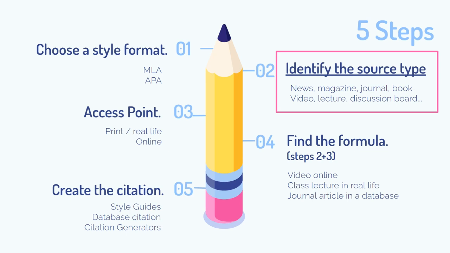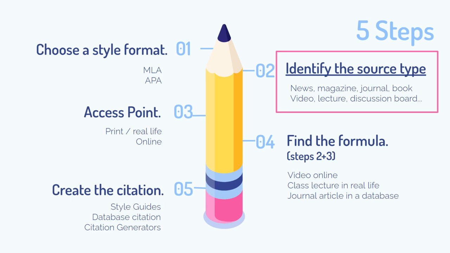So, for example, you may have read a Spokesman Review article online. The Spokesman Review is a newspaper. So the source type is newspaper, your access point is online. Okay. If the content was very specifically created for a website, okay, that information doesn't exist in another PDF file.